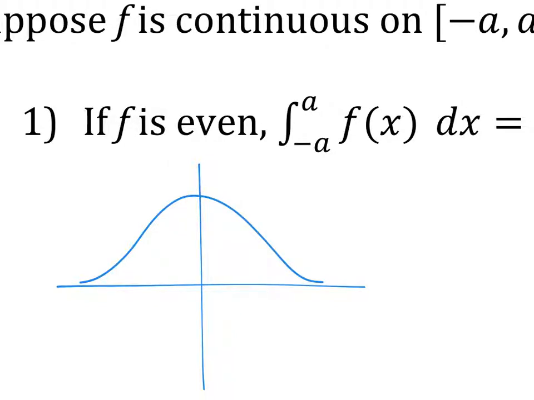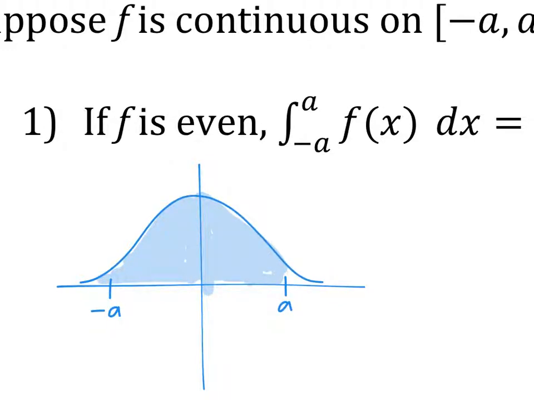Let's say that you're looking for this integral from negative a to a. So this is negative a and this is a, and obviously they are equal distance from the origin. The question is, what is this integral? Well, this area is the same as this area, right? It has to be, because it's even, it's the same.